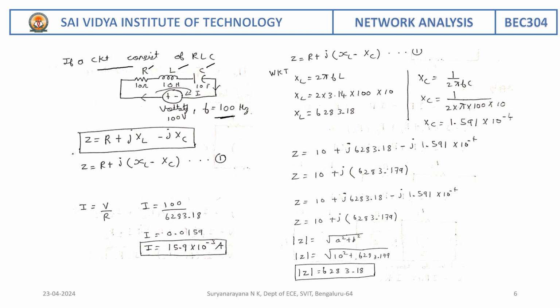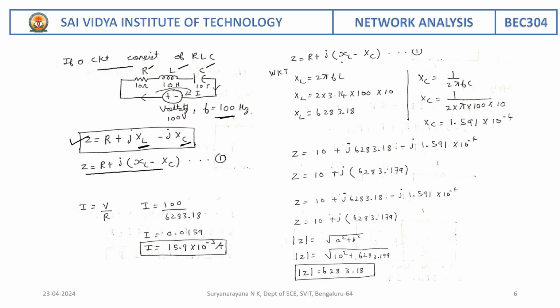So the impedance of this circuit is given by R plus JXL minus JXC. So XL is nothing but inductive reactance, XC is nothing but capacitive reactance. So the total impedance of this network is given by R plus J into XL minus XC.